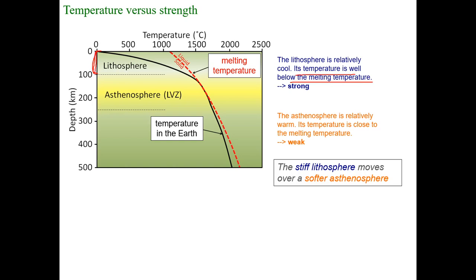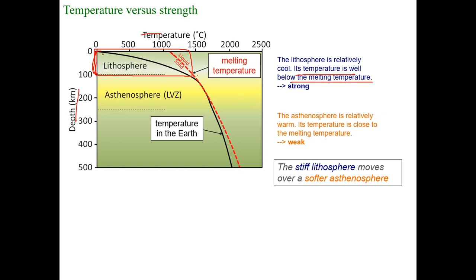Lithosphere usually goes down around 100 kilometers. So it's the part of the Earth that is well below the melting temperature. So this line here on this temperature depth diagram, this red line represents the melting temperature of the Earth. The black line represents the actual temperature of the Earth, or aka the geotherm.